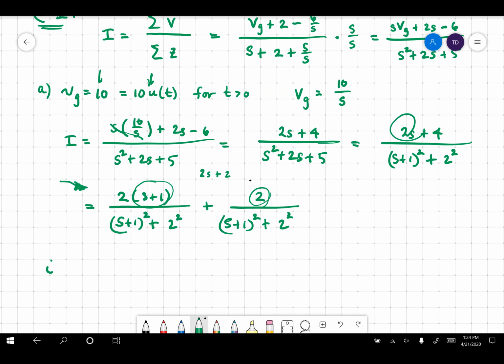So i of t is equal to the inverse of this term: twice e to the minus t cosine of 2t, plus this one, where the 2 needs to be there to match this 2 down here, is just e to the minus t sine of 2t.